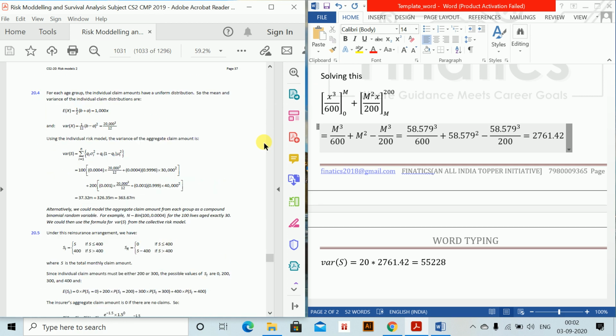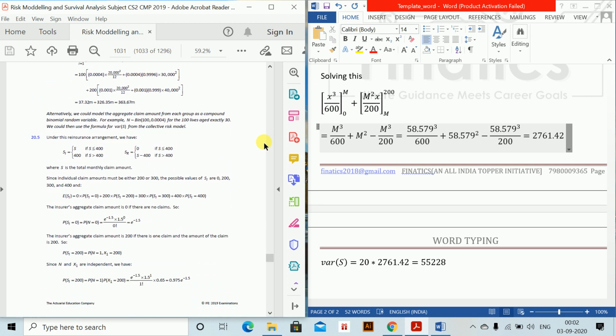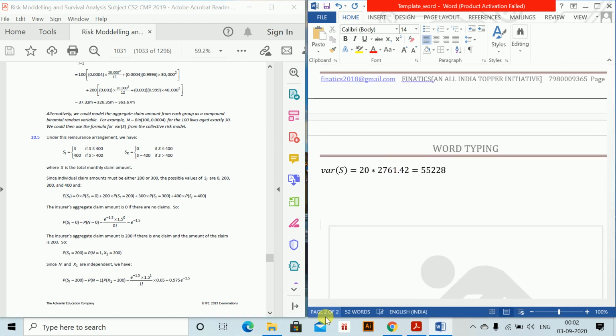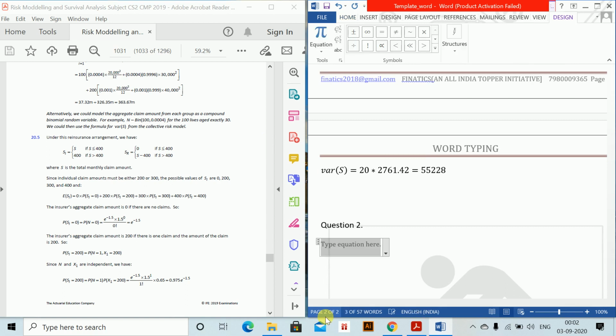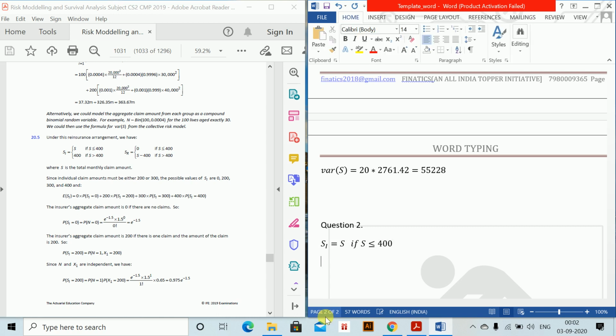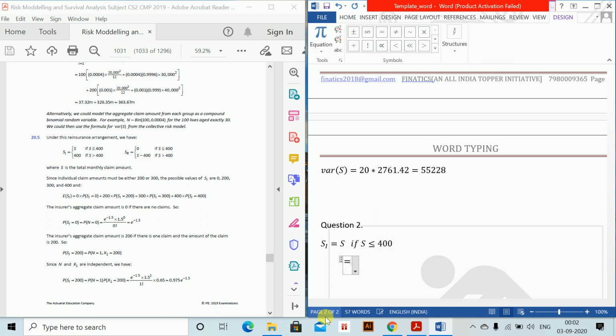So coming to 20.5, this is the reinsurance arrangement which is in place. So first writing the equations. S_I is equal to S if S is less than or equal to 400, and it comes to 400 if S is greater than 400.